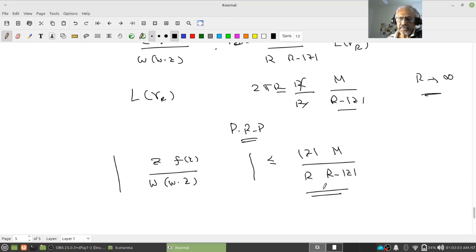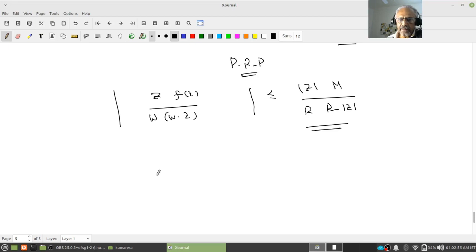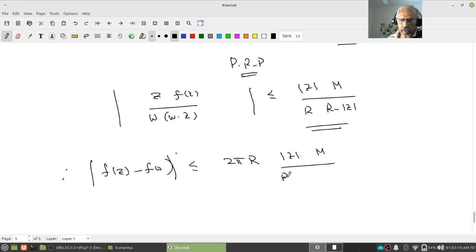Do you understand this? Therefore, modulus f of z minus f of 0 is less than or equal to the length of gamma r times this, mod z m by r into r minus mod z.